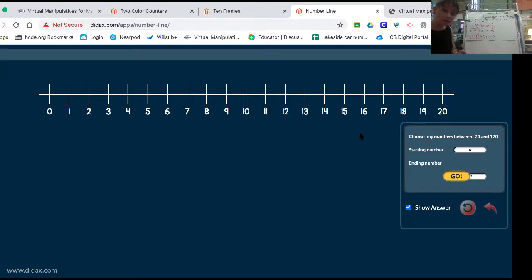I can also show that with my number line on my screen. If I had 8 and I minus the part that I know, which was 3, 1, 2, 3. 8 minus 3 equals 5.